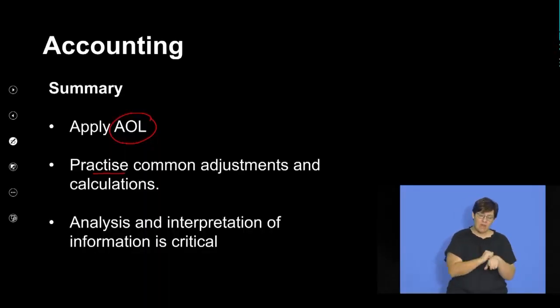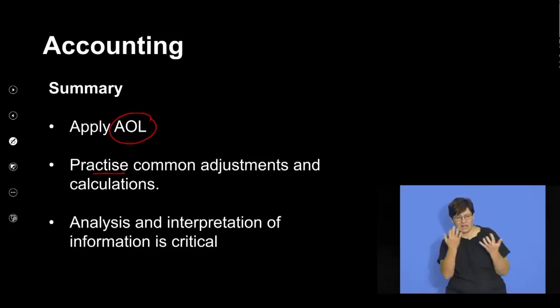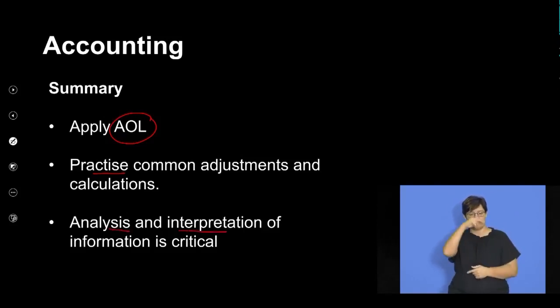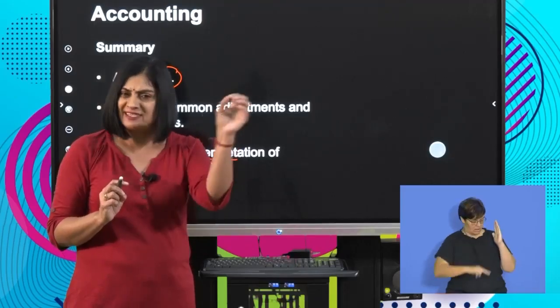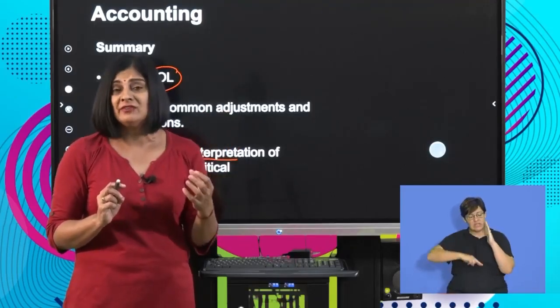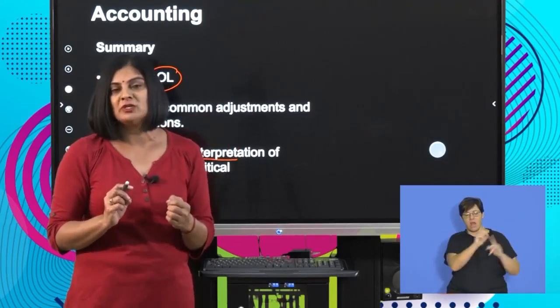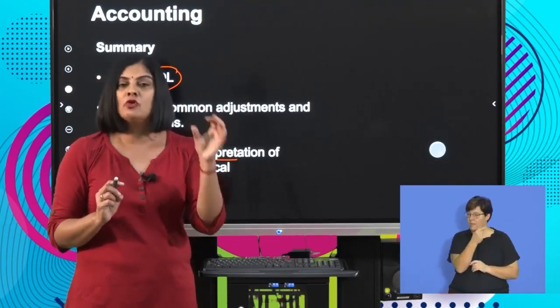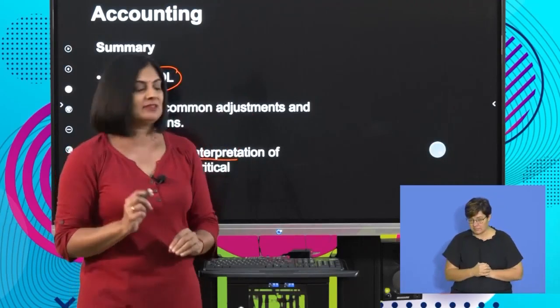As I mentioned before, practice, practice, practice your common adjustments. Your calculations and your analysis and interpretation of information is key. Absolutely critical. Don't just scan through the information that is given; read through it carefully, because you've got to understand that information.